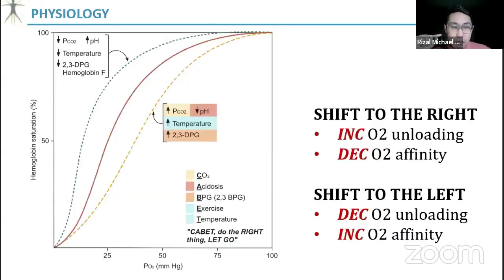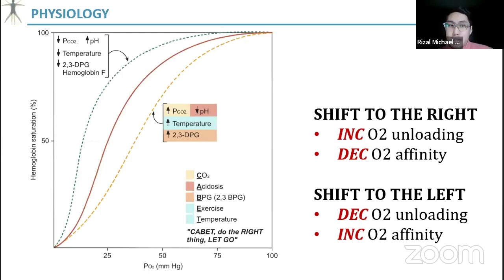Now you have your oxygen-hemoglobin dissociation curve. Remember the mnemonic CADET face right, or Kabet, a very high yield mnemonic. It shifts to the right whenever your muscles and body need oxygen. Shift to the right means decreased affinity because you increase the unloading.